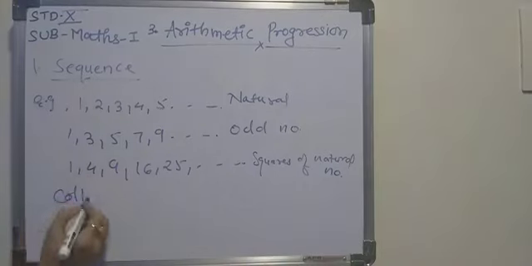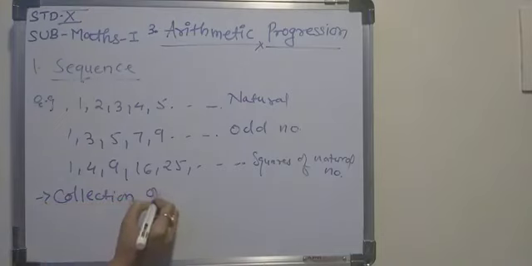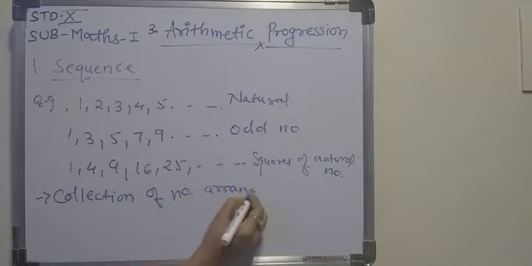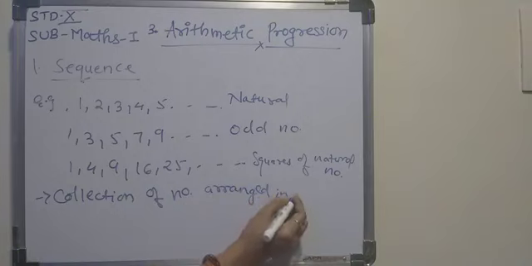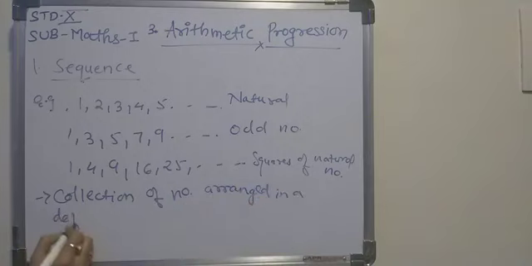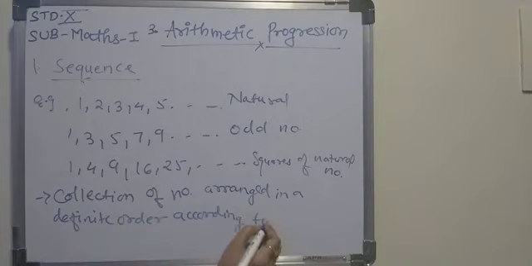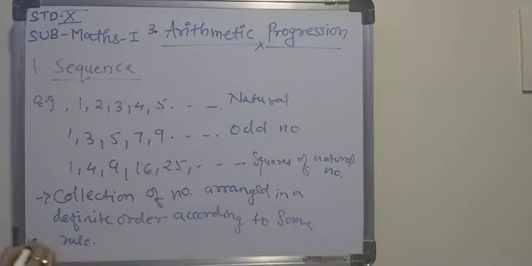What is a sequence? A sequence is a collection of numbers arranged in a definite order according to some rules.